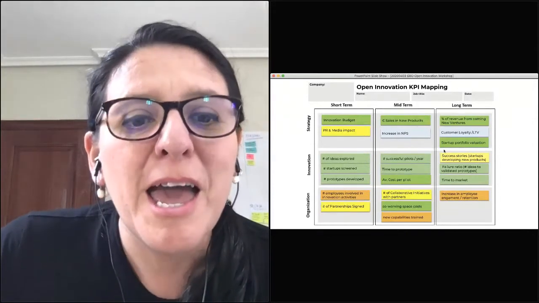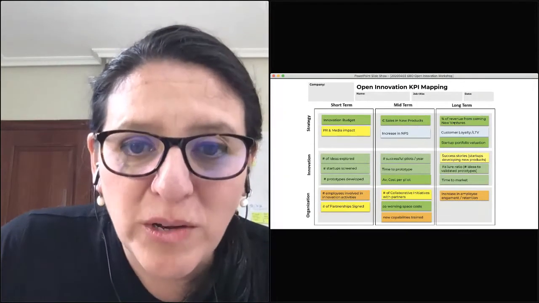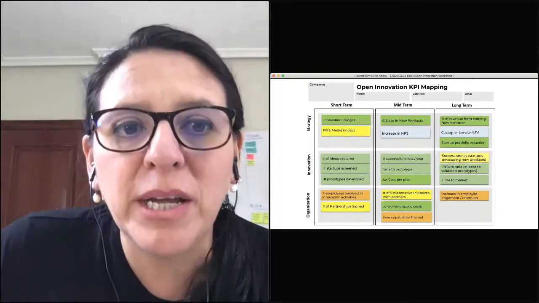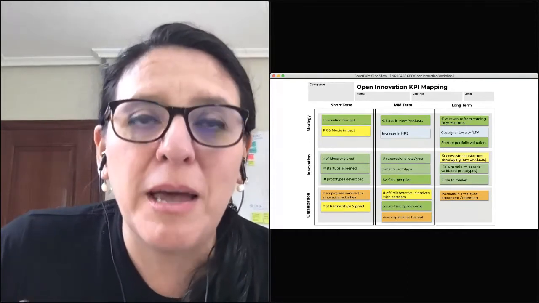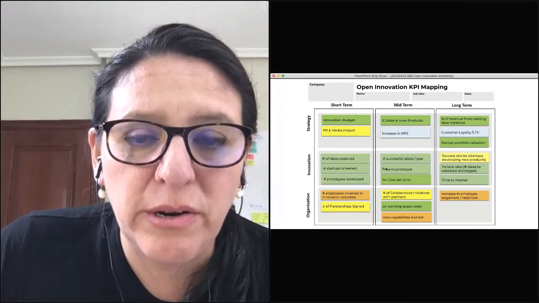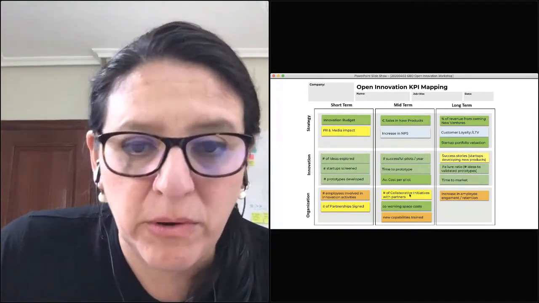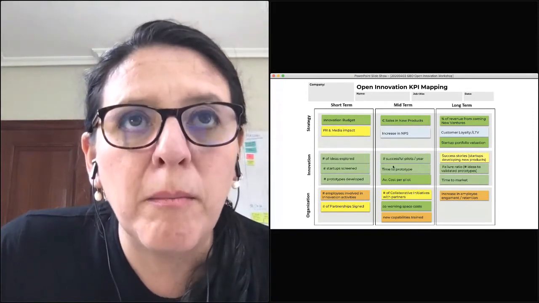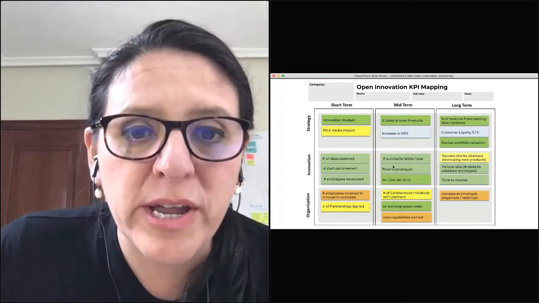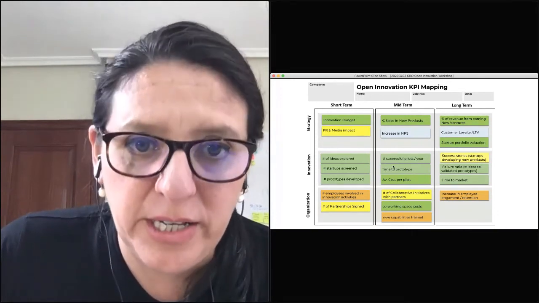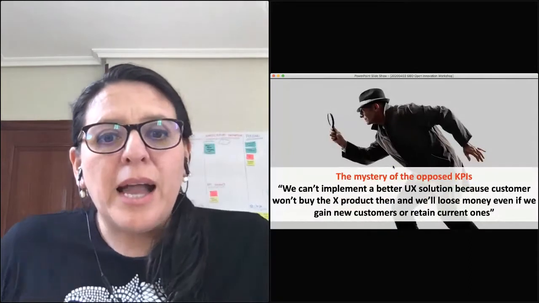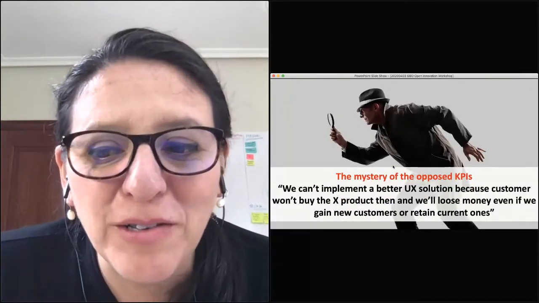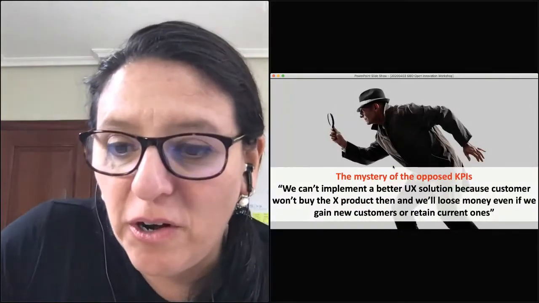By the way, everybody tends to put only money KPIs, and by bringing the awareness that not everything is related to money, that there's also learning and loyalty and other things, we begin to realize that there are other KPIs buried down in the organization.